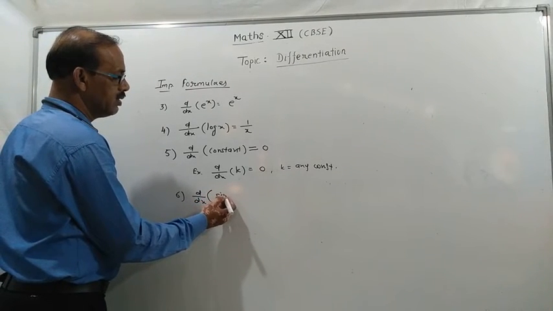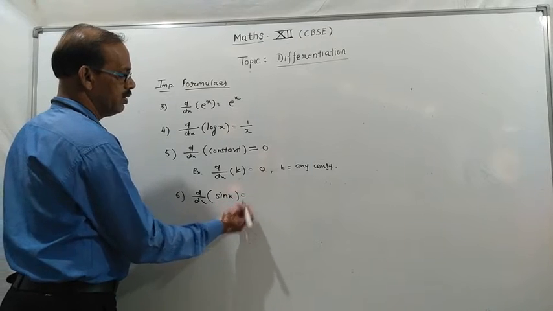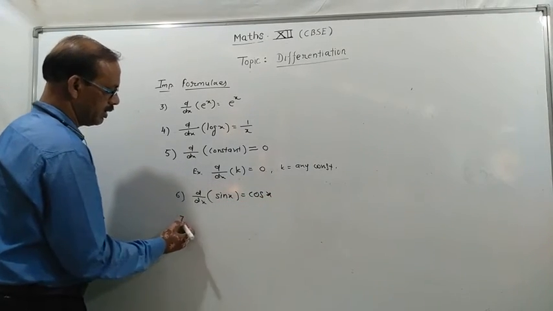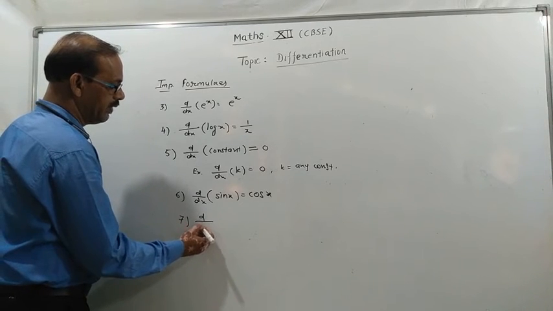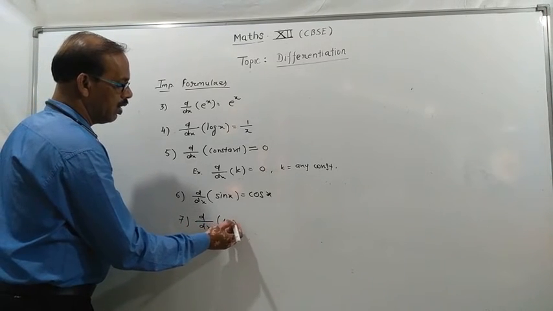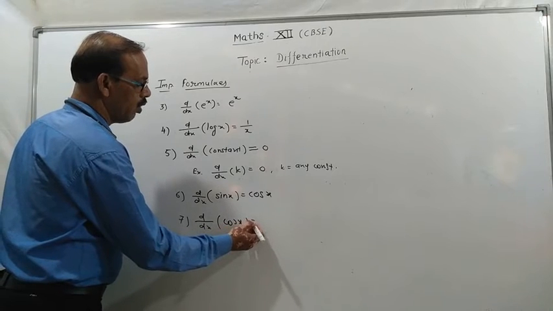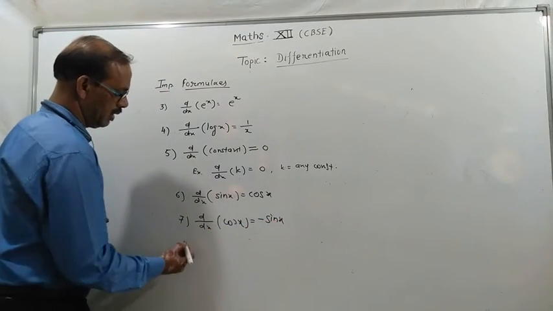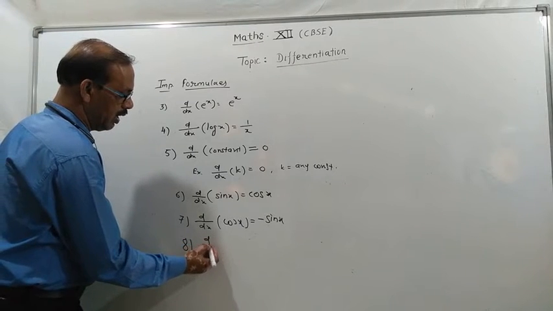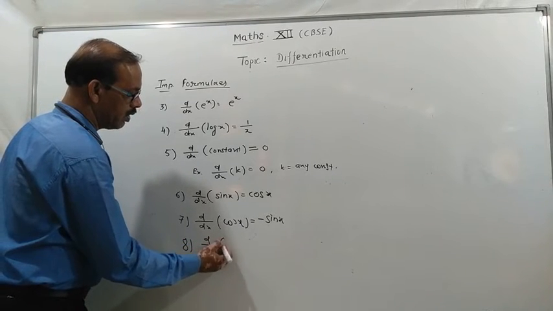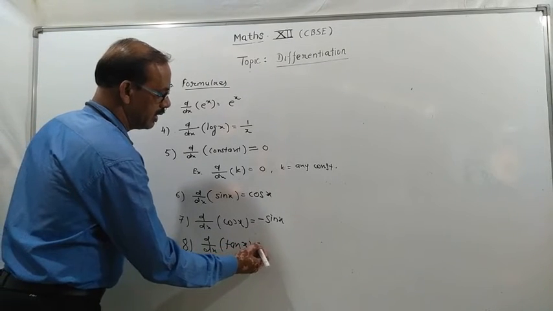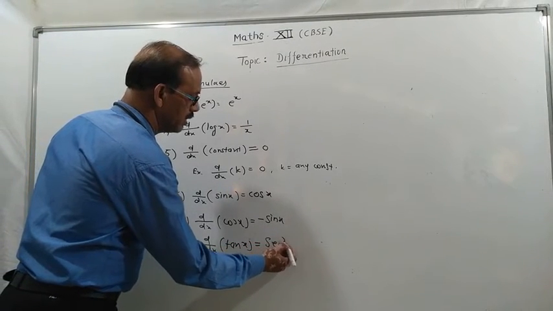Derivative of sin x, this is the standard formula. It is always cos x. Seventh one, derivative of cos x is always taken as minus sin x. Eighth one, derivative of tan x is taken as sec square x.